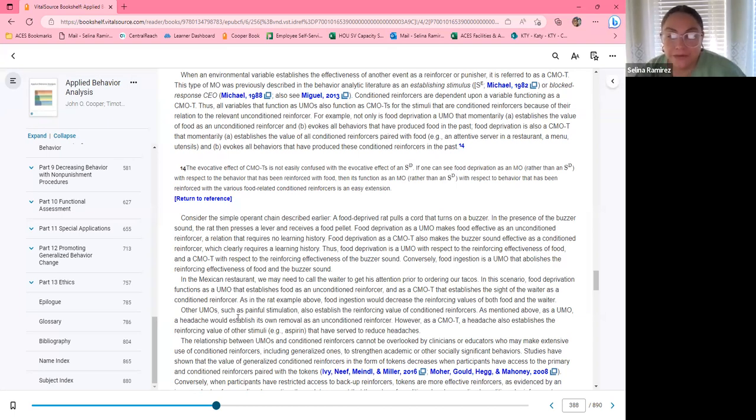So in that example, you have both the CMO-R and the CMO-T. The CMO-T is going to be the aspirin. My headache has increased the value of aspirin, but that removal, or that I am trying to escape behavior, is also being increased.